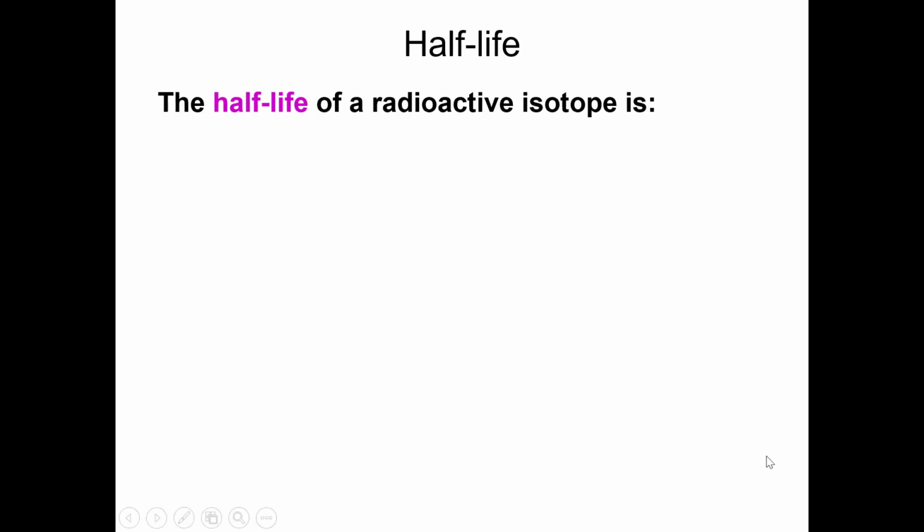Now, the word half-life simply means that assuming that we have a radioactive atom and it splits up into two equal parts after a given time period, that time period is what we call half-life.